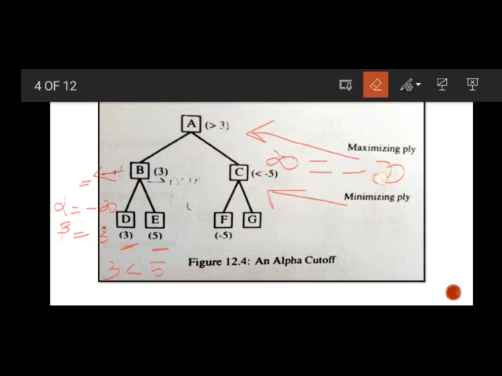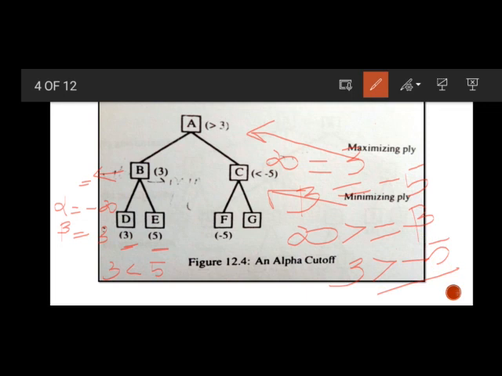So here alpha is 3 and beta is equal to minus 5. Here is the condition: alpha is greater than or equal to beta. Here 3 is greater than minus 5. So we can prune the right node of C. That means we cannot look at node G because it doesn't provide a valid output. So we should prune that node.